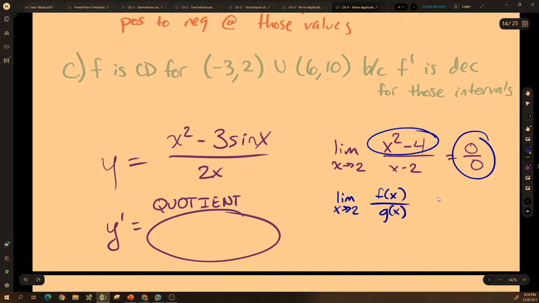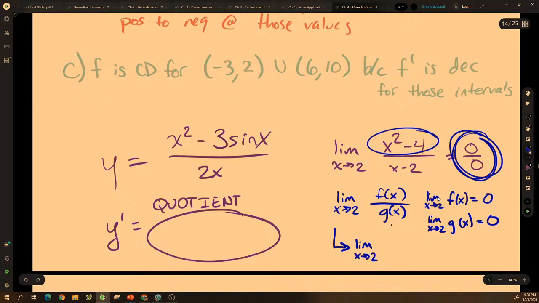And he discovered that if the limit as x approaches 2 of f of x is equal to 0, the limit of the top is 0, and the limit as x approaches 2 of the bottom is 0, so we get this 0 over 0, then this limit would be the same as the limit as x approaches 2 of f prime of x over g prime of x.